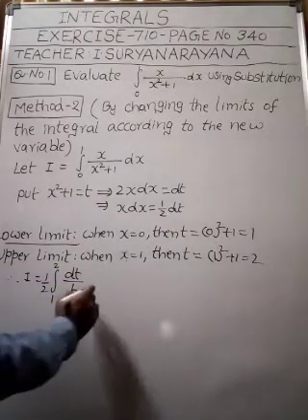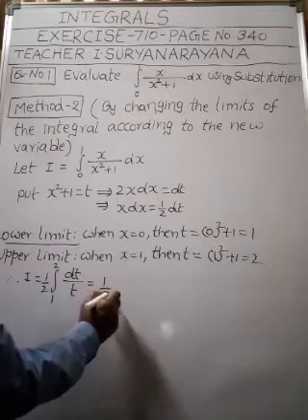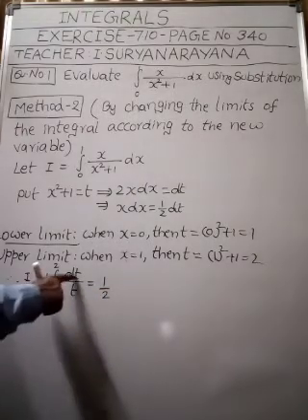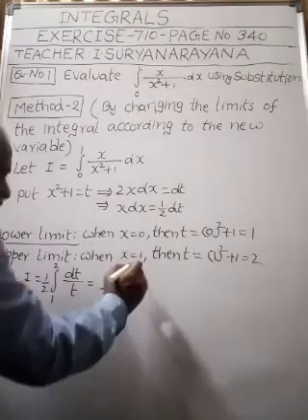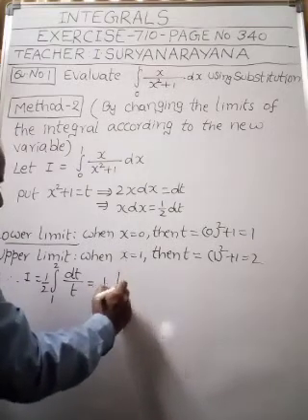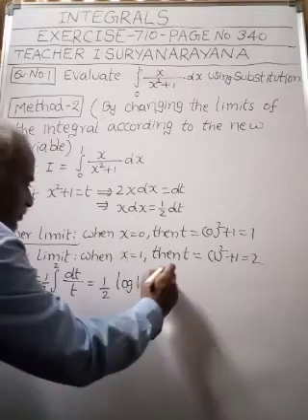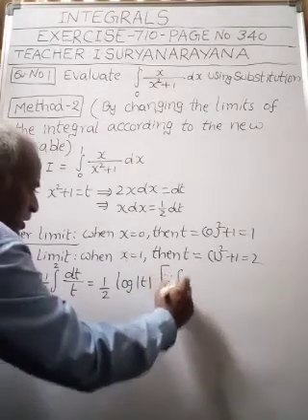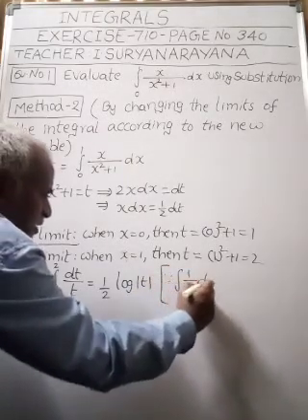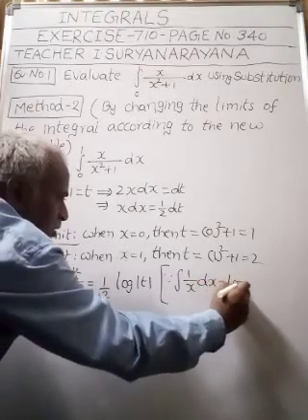This is equal to 1 by 2 into integral 1 by t dt. What is the formula? Log mod t, because integral 1 by x dx is equal to log mod x.